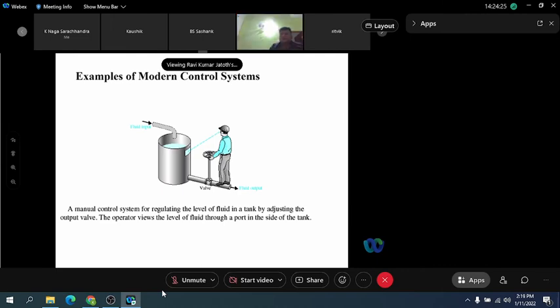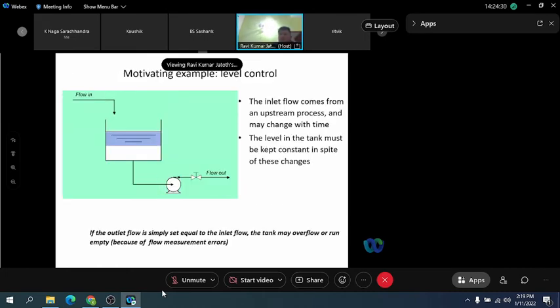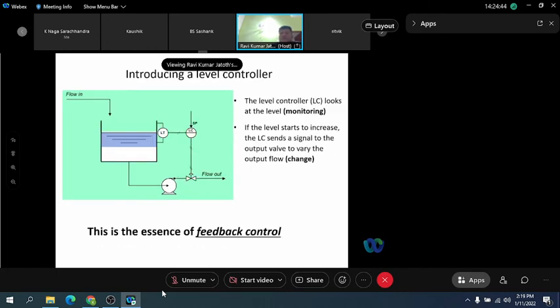Now this is the same example. There is an outflow, there is inflow, opening and closing. So this is an open loop system. To make it a closed loop system, we will measure the liquid level using sensors, level sensors, and we have a desired level of the liquid in the tank.